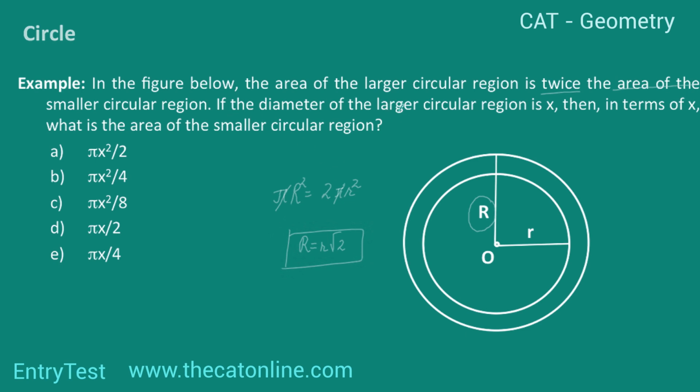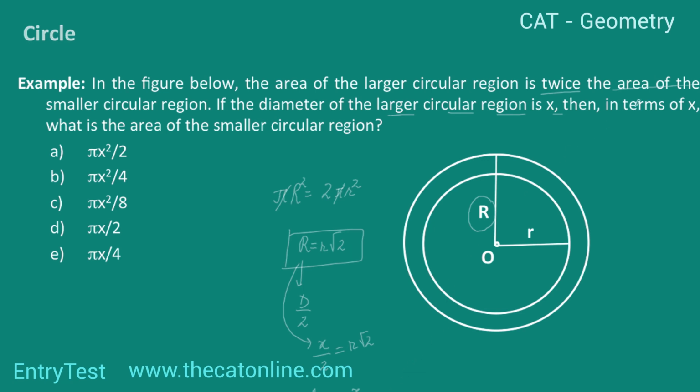If the diameter of the larger circular region is x, I can write this radius as diameter by 2, or x by 2 is equal to R, which is r root 2. So I can find the relationship between r in terms of x: r is x over 2 root 2.